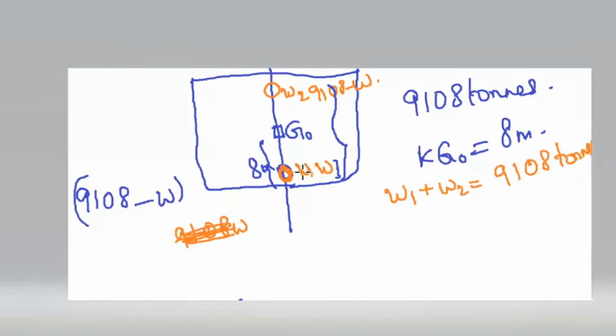So this weight W into this distance plus this weight 9108 minus W into this distance, divided by the total weight, which is 9108 plus the initial weight of the ship, given as 6200 tons, is equal to a KG of 7.57.